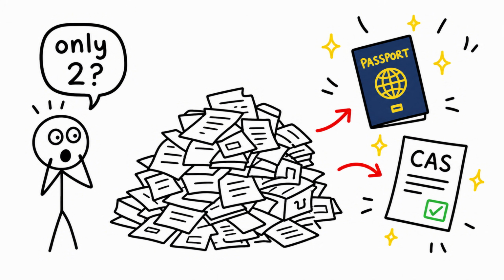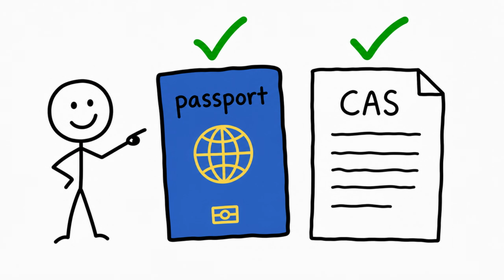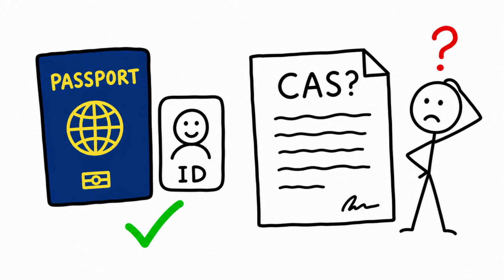Okay, now, let's talk documents. Here's something that surprises people. Only 2 documents are actually mandatory for everyone: a current passport and a CAS. Your passport is your travel document and your proof of identity, so that one's pretty obvious. The CAS is the one people get confused about.